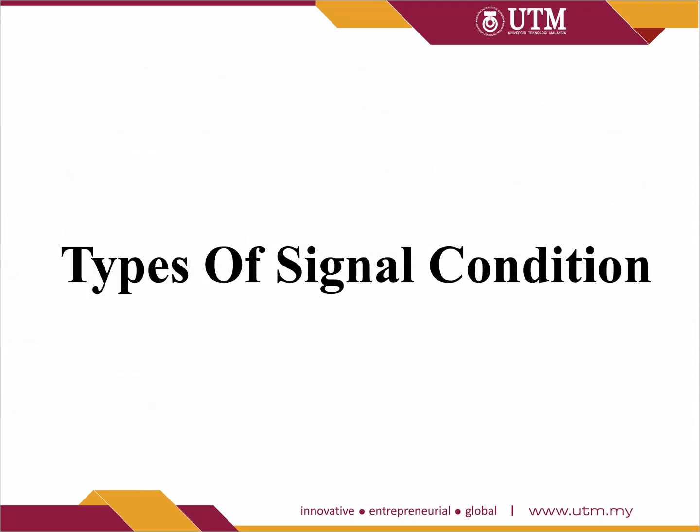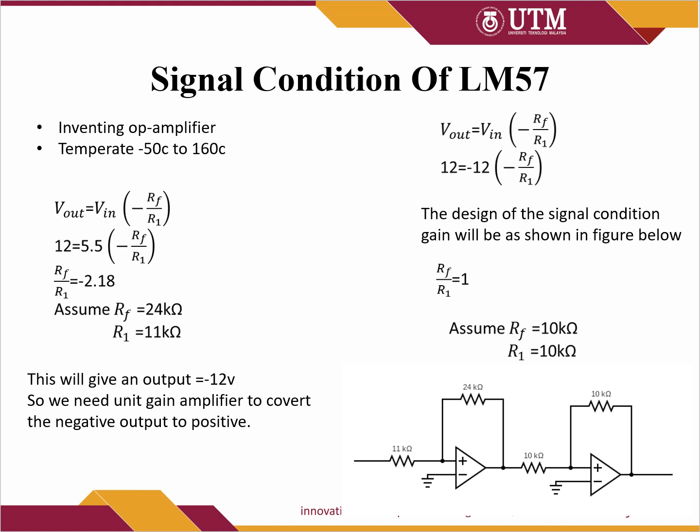Now we will look at the types of signal condition. The first signal condition is for the temperature sensor, the LM57. Why do we use signal condition? We want to make the voltage of the sensor 12 volt, because the car voltage is 12.